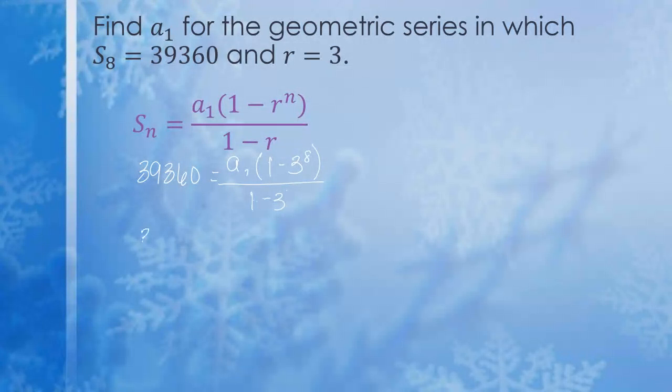I'm going to take 39,360. And I have A1 times 1 minus 3 to the 8th power is what? 1 minus 3 to the power of 8, negative 6560, over negative 2.